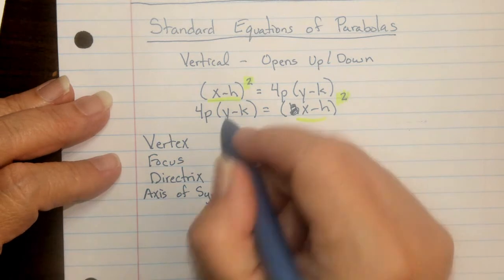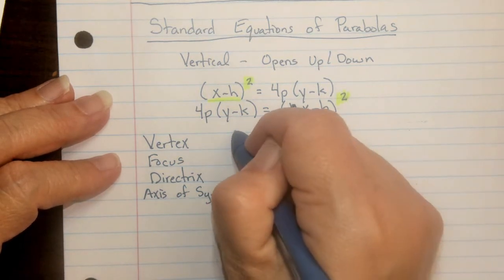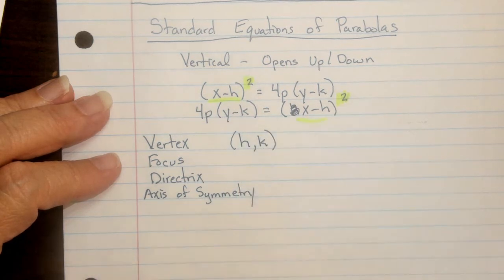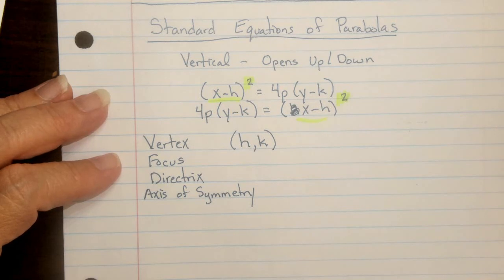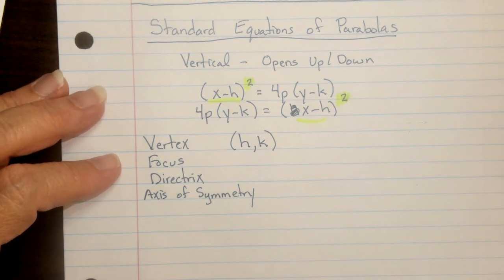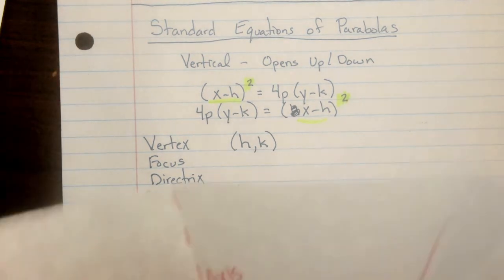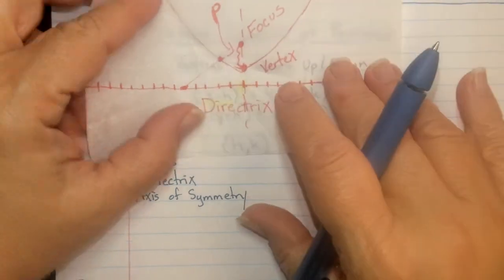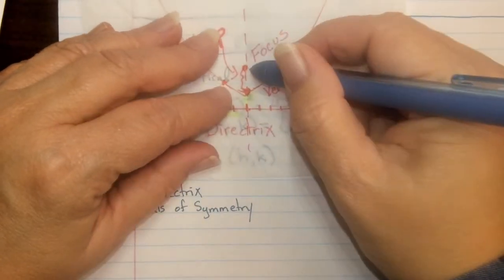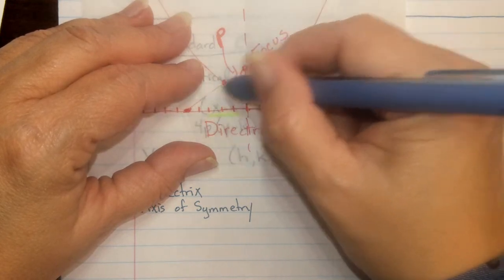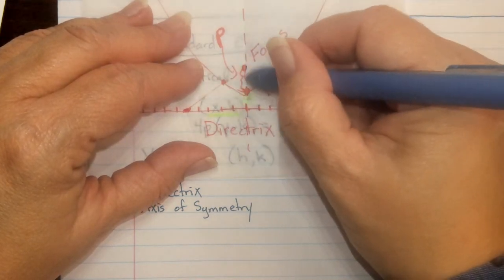Your vertex is a point on the parabola, and it is going to be (h, k). Now your focus is a point, but it's not on the parabola. Let's go back to our little guy that we made and see where the focus is. Do you see that the focus has the same horizontal distance as the vertex?